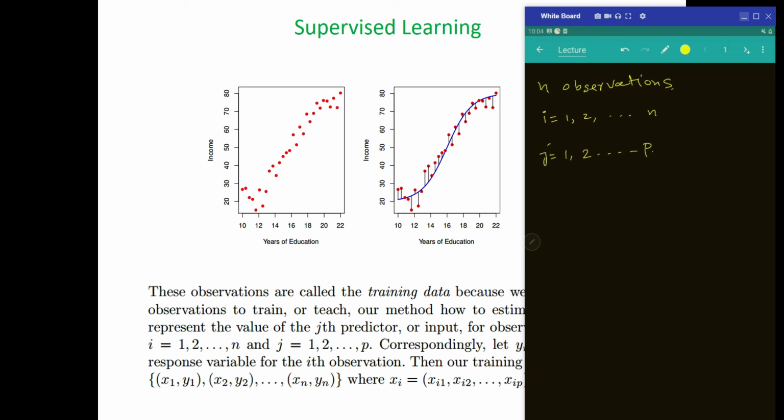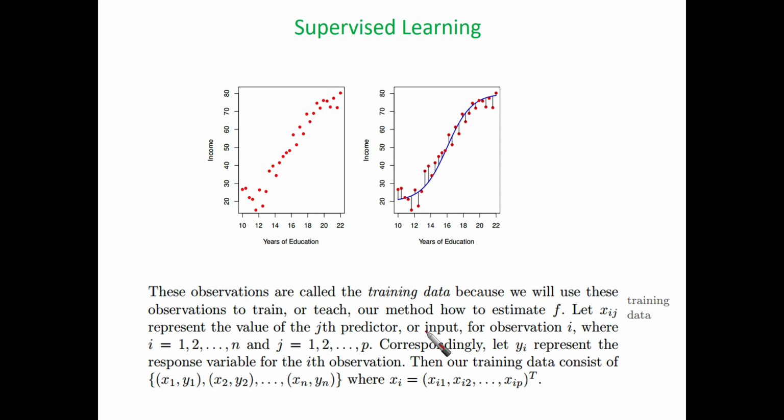So then how can we denote the training data? Let's say x_ij. This is a very simple thing. Let x_ij represent the value of the jth predictor, or input, for observation i.